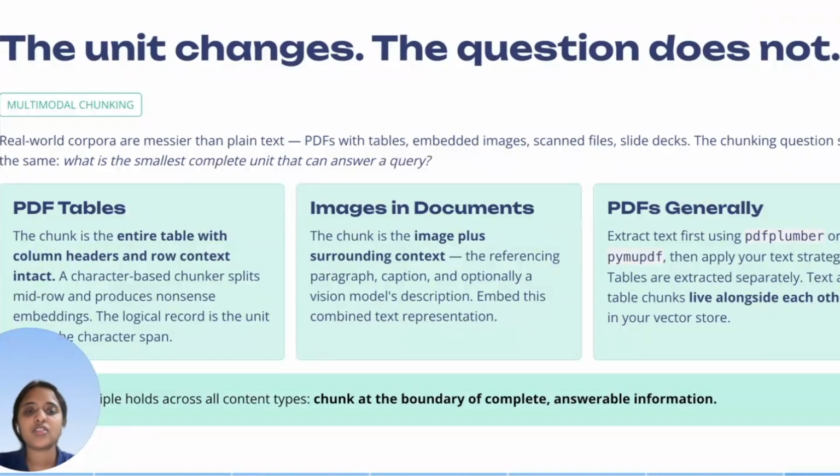Then in general for PDFs, we're going to use specific libraries and do chunking based on that. So we're going to have a combination of all of these. PDFs or tables would be chunked a certain way, images should be chunked a certain way. Then we're going to combine all of that and save that in the vector DB.